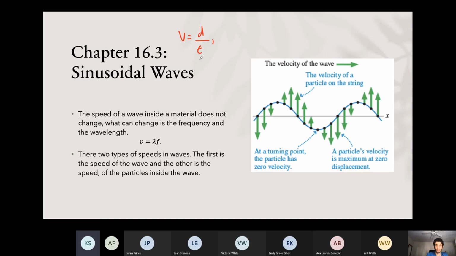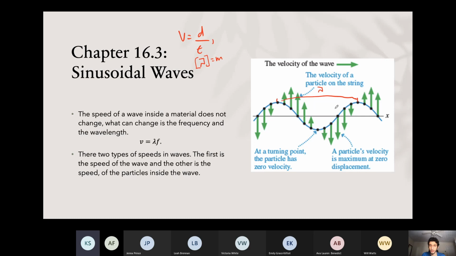So the units of lambda are meters. Let's say this is a wave. From this point to this point, this distance is lambda.